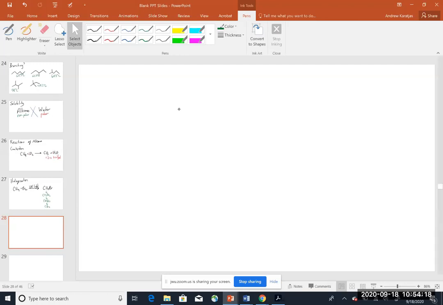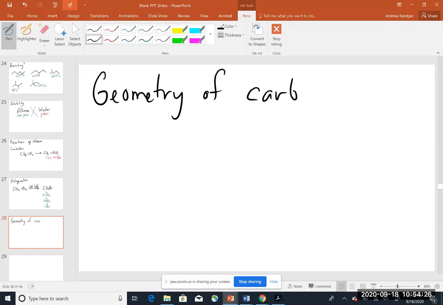So where we should start is, what is the geometry of carbon? And the type of carbon we're talking about here is a carbon that has 4 single bonds, because that's what everything in this chapter or this section is going to focus on.